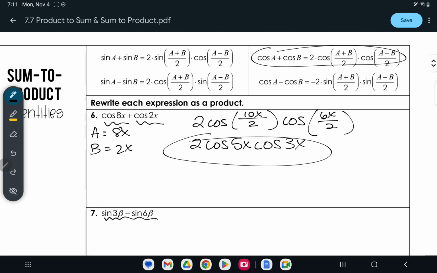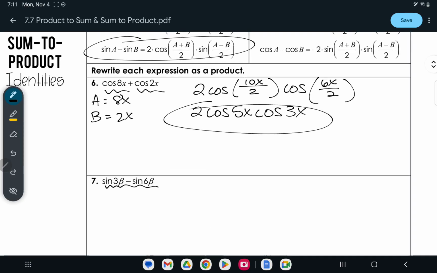All right, I have a sine minus sine. So it's this formula here. A is 3 beta, B is 6 beta, and I'll plug it in as I go. So 2 cosine of (A plus B), so 9 beta over 2, sine of A minus B, so 3 minus 6 is negative 3 beta over 2.